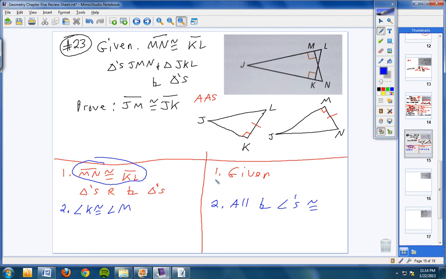There we go, just like that. Now, I've stated this, KL and MN, that's right here. And now I've stated this angle and this angle, that's stated right here. And now lastly, remember we got to state they share the angle J, so angle J is congruent to angle J, reflexive property.